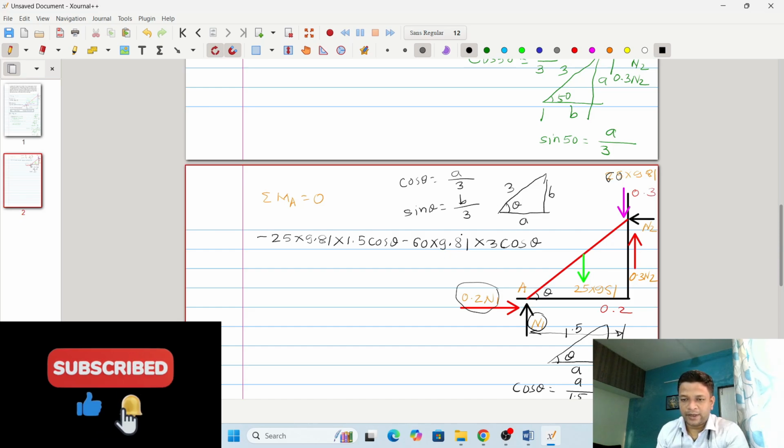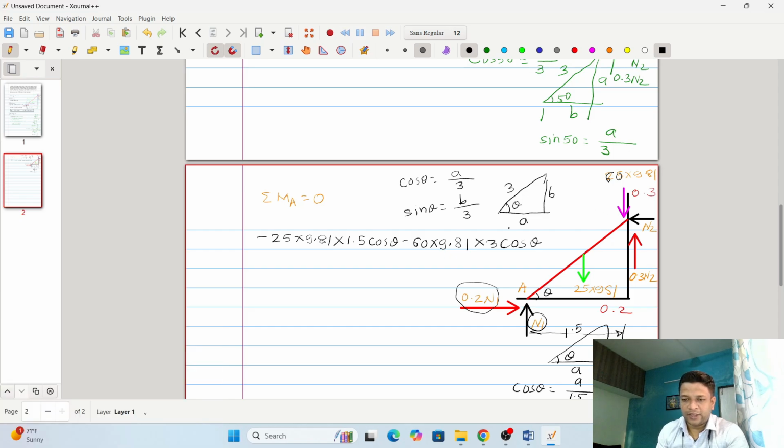It will rotate in an anti-clockwise direction, so it will be positive. So plus 0.3 N2, where the N2 value is already calculated. Now for this vertical force and this point, the perpendicular distance between them is again distance A, which is equal to 3 into cos theta.